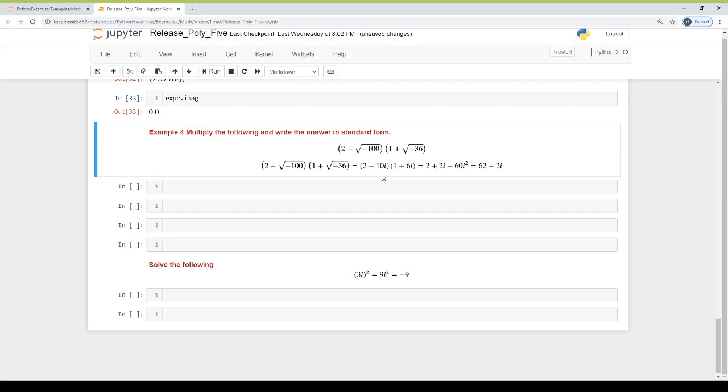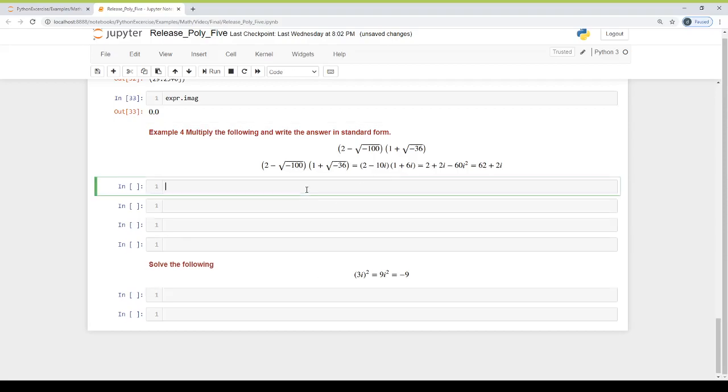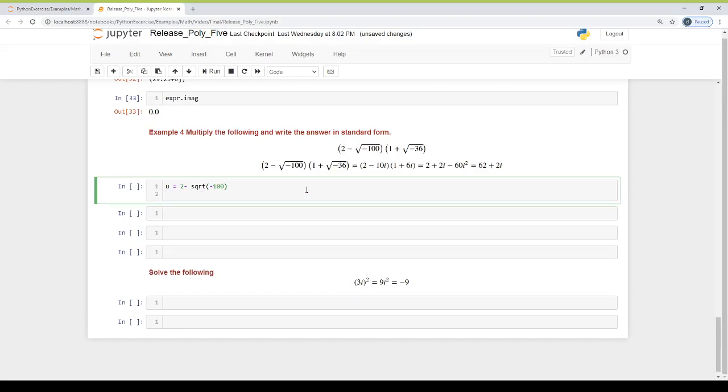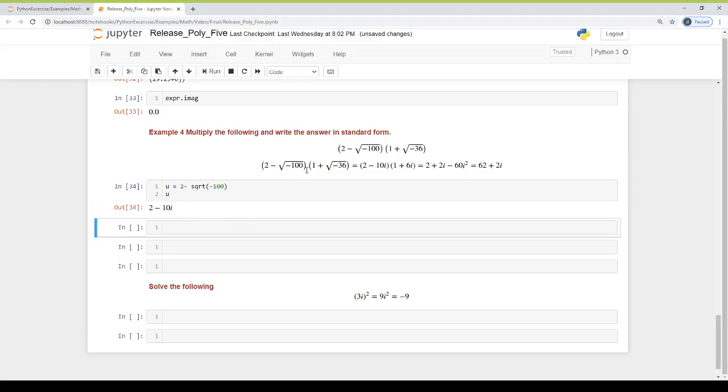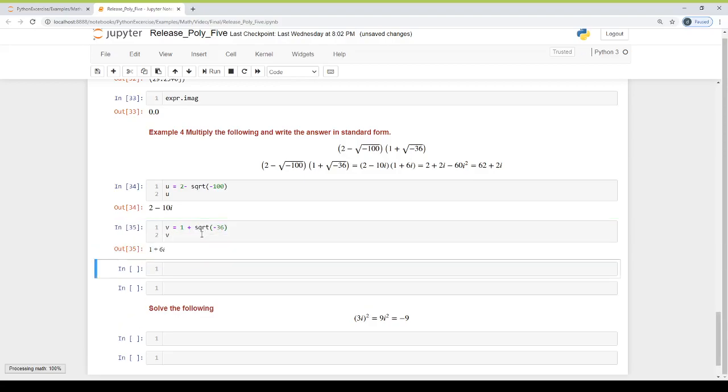Let's do this practice problem. u is equal to 2 minus the square root of minus 100, u, shift enter, is 2 minus 10i. i is the unit imaginary part, the square root of minus 1. v is equal to 1 plus the square root of minus 36, v is 1 plus 6i.